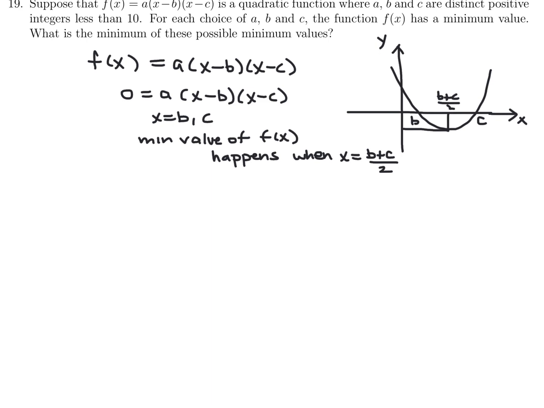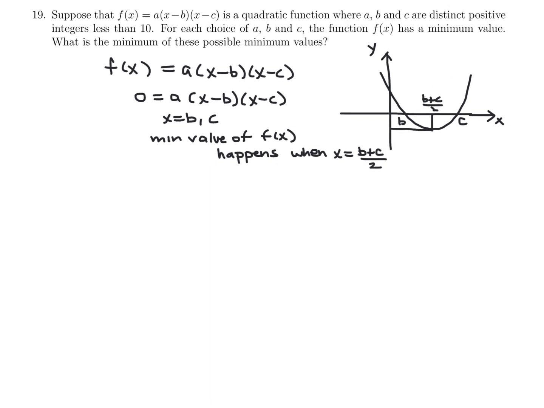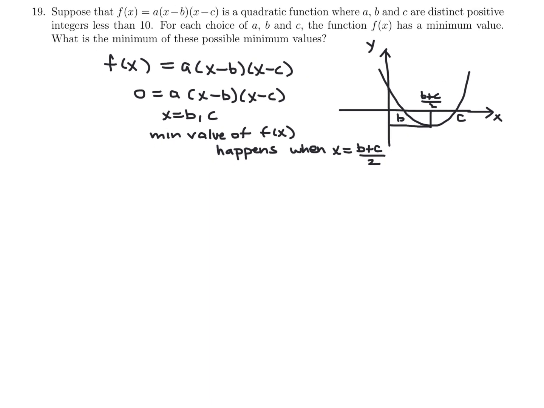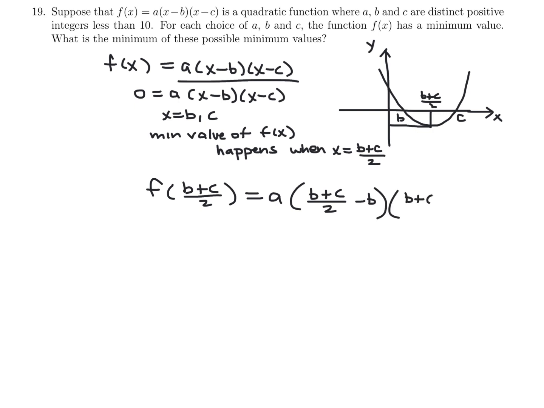Now we've got to figure out the value of f(x) when x = (b + c)/2, so we plug that into this guy. We have a((b + c)/2 − b)((b + c)/2 − c). I'll let you crunch out all that. It'll be −a(b − c)²/4.